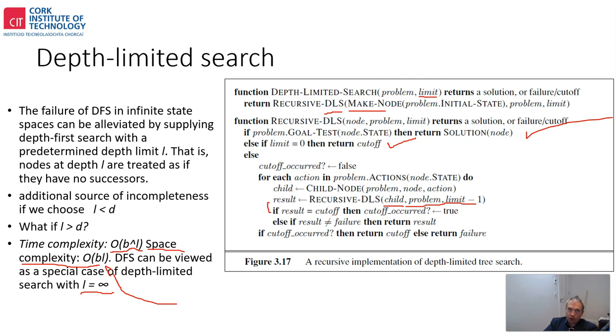That cutoff will mean that we've reached the depth level we're allowed to go, in which case we should ignore that tree and go to the next subtree that has not been explored to that depth as of yet, which is why we're returning cutoff as opposed to failure. That's why cutoff and failure are distinct. Okay?